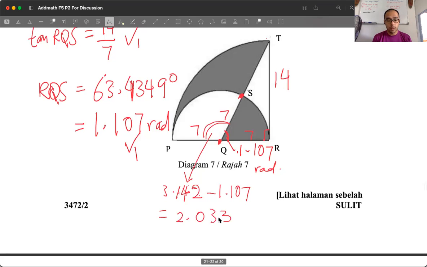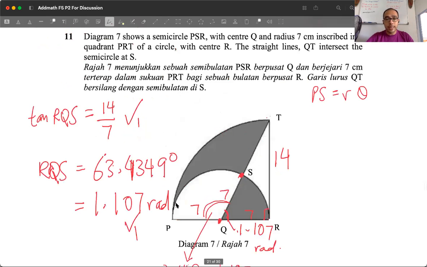3.142 minus 1.1073 is 2.035. So this sector over here, the perimeter is 7 times 2.035, which gives you 14.245.